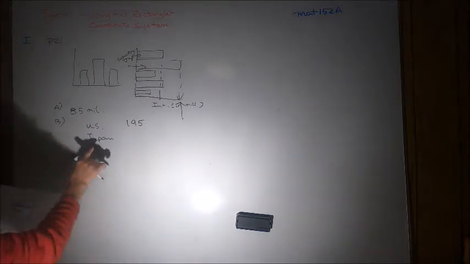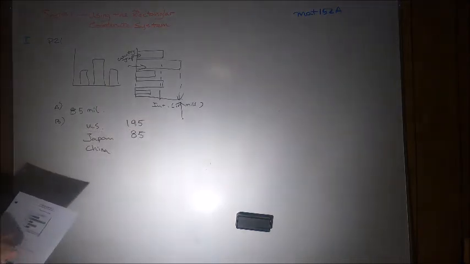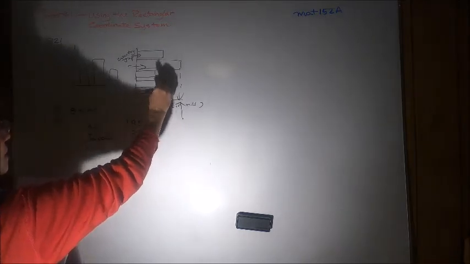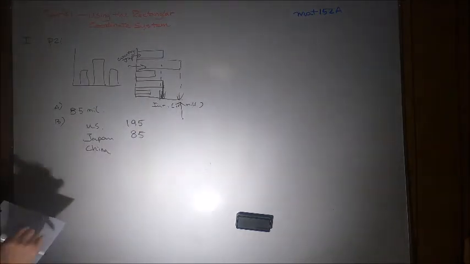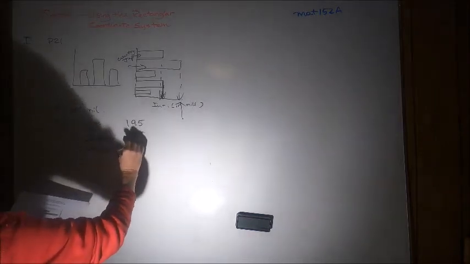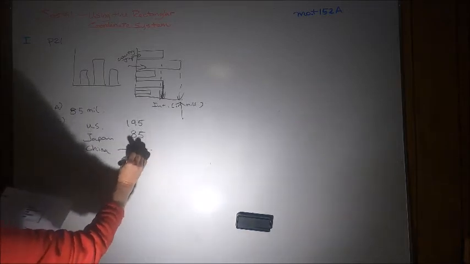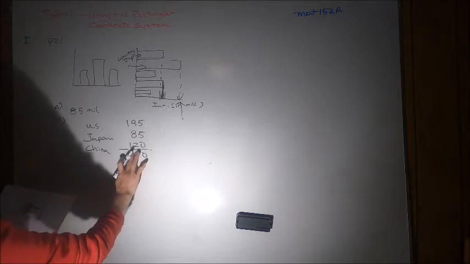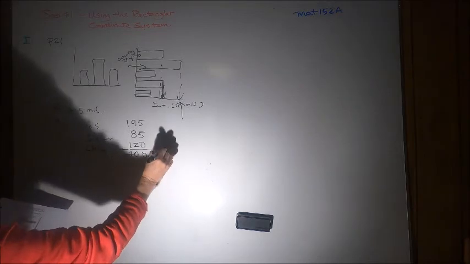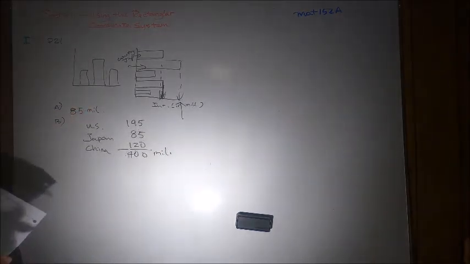Then how about the next one, Japan? We know it's about 85 millions. For China, it's right here, right on the mark, so you can tell it will be 120. So the total will be what? You add them up, right? About, oops, if I can add, right? 400 millions. That's how you read the bar graph.